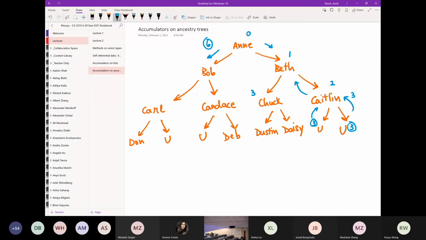So when it goes to Beth, what is the accumulator that gets passed? We defined our accumulator as the number of people we have seen thus far. When I reach Beth, I've already seen Anne. And so the accumulator that gets passed down should be the number of people I've seen thus far, which is Anne. Okay? And so staying consistent with that definition, whatever I pass to Bob has to be the total number of persons I have seen thus far.